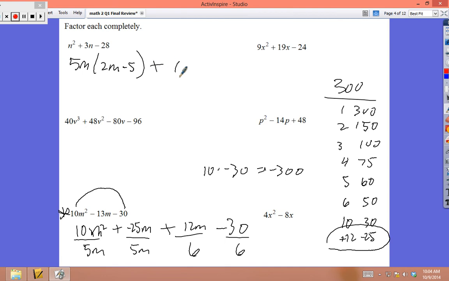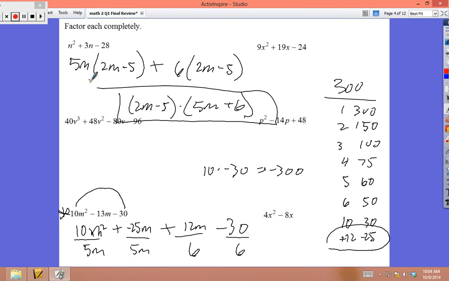So it's going to be 6 times 2m minus 5. And then it's going to be 2m minus 5 times 5m plus 6. If you want, you can check your answer by distributing through, and you should times them all out, add your like terms, and end up with 10m squared minus 13m minus 30.